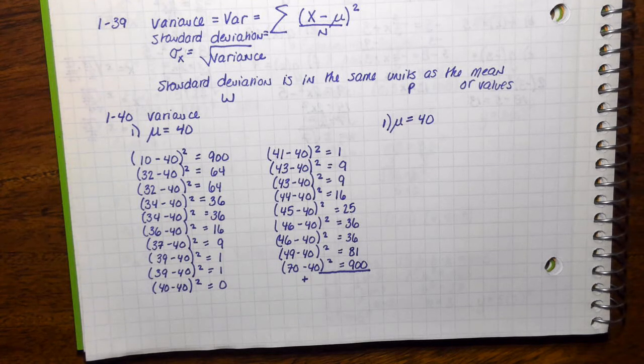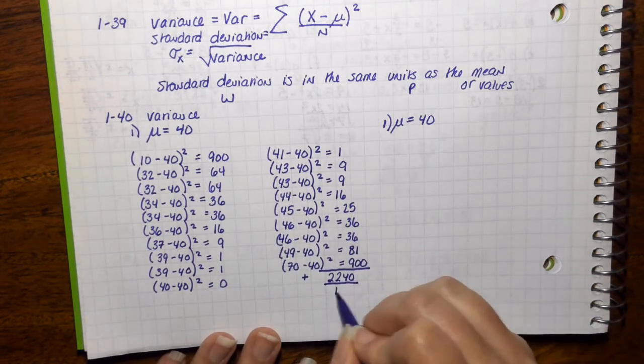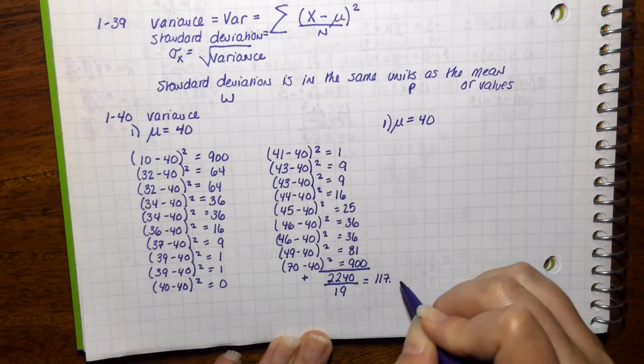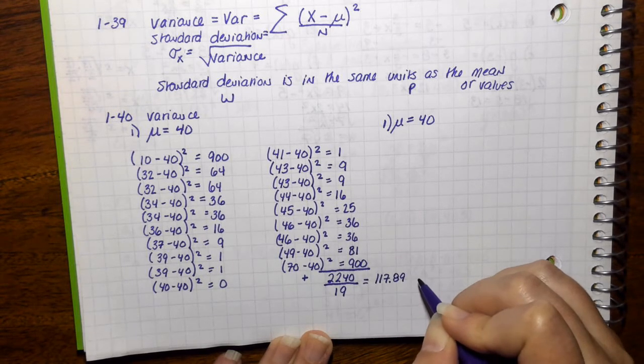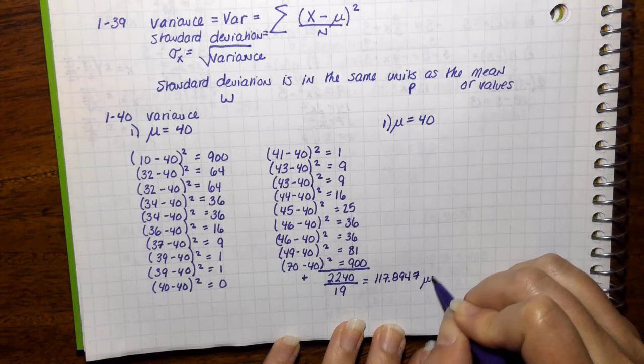So 900 plus 64 plus 64, 36 plus 36 plus 16 plus 9 plus 1 plus 1 plus 1 plus 9 plus 9 plus 16 plus 25 plus 36 plus 81 plus 900. 2240 divided by how many numbers there are? 19 equals 117.8947, and this is micrometers squared.